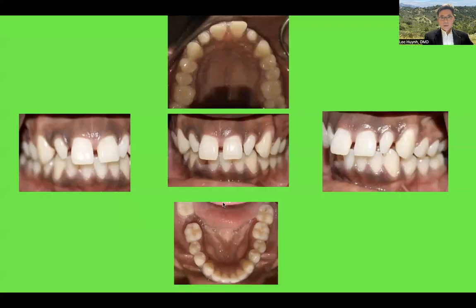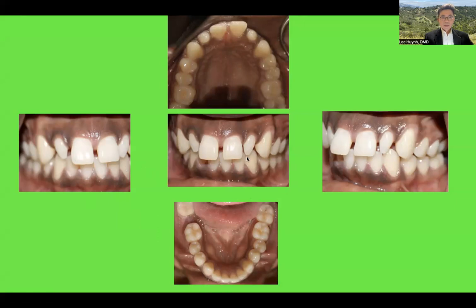I'm going to show you another lateral view, a side view. We have a very small lateral tip there. There's space there, and the lower has minor crowding. Overall, if you have some orthodontic training, you shouldn't have any problem doing this case.